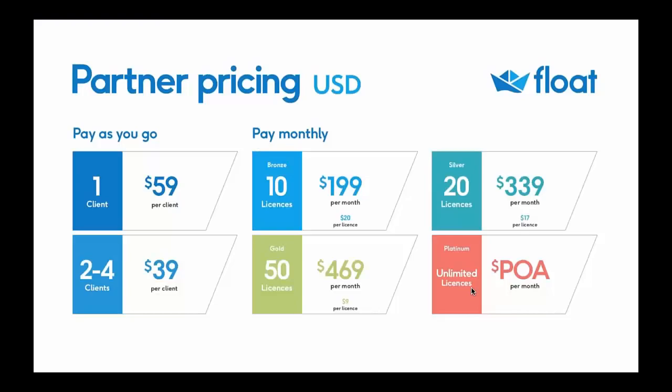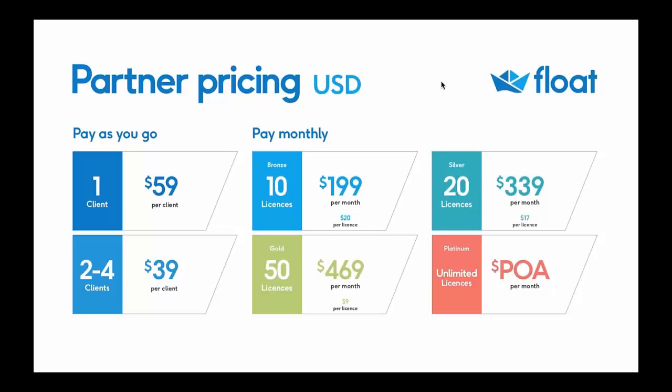So I wanted to quickly cover the pricing. So I have USD and Canadian dollars. The first client that you add to Float is $59 a month if you come to Float directly. We have different pricing for QBOA. And then if you add more than one client, the price goes down. So 2 to 4 clients is $39 per client.